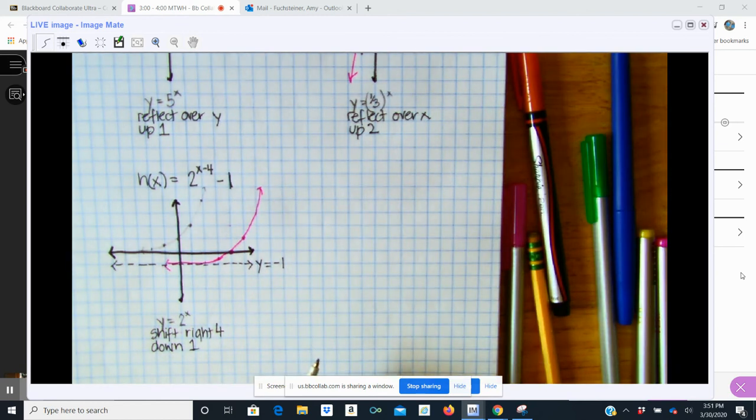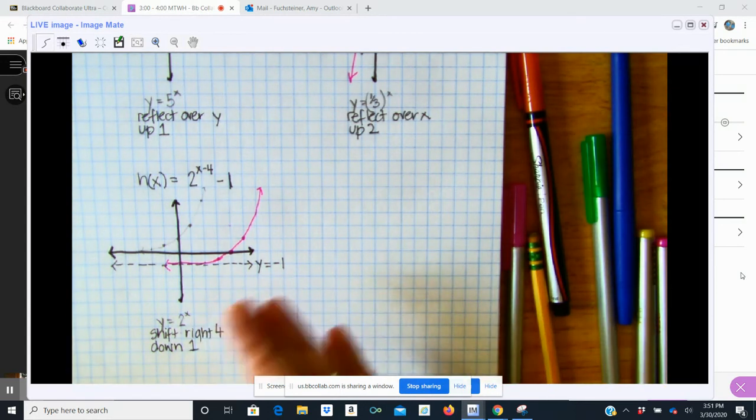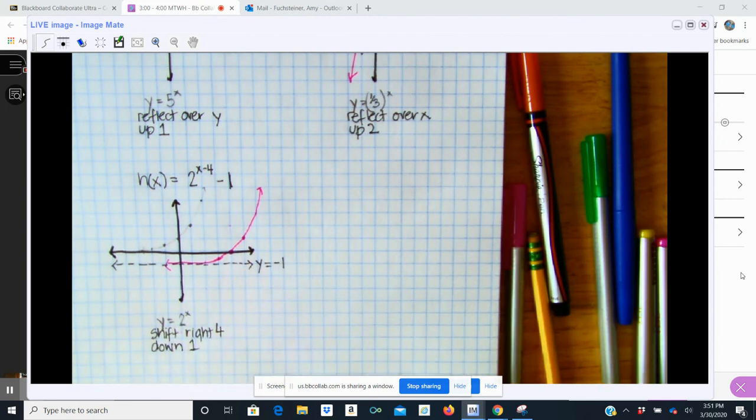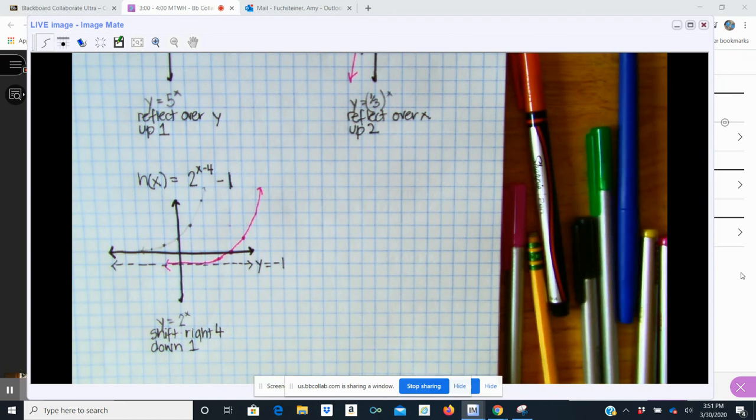So if it's been transformed too many times, it's really hard to see the original function sometimes. The intercepts can kind of be a clue to that, but they're not always.